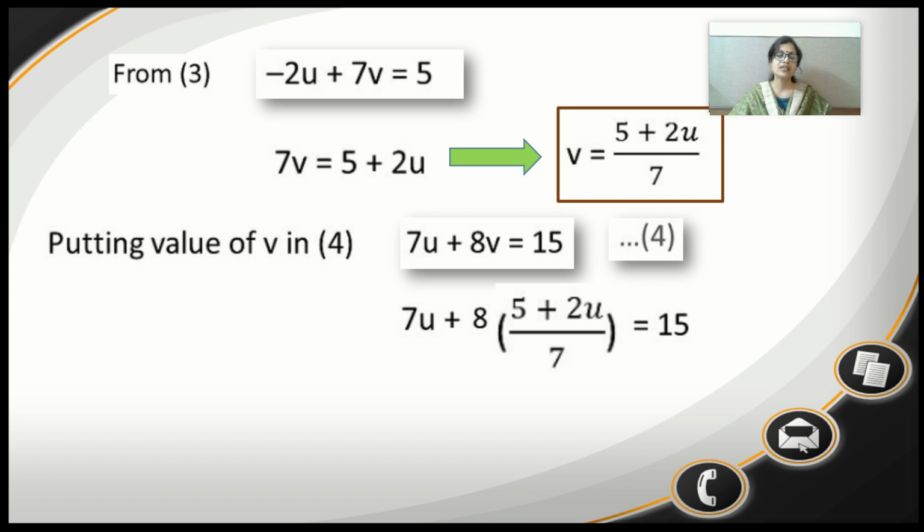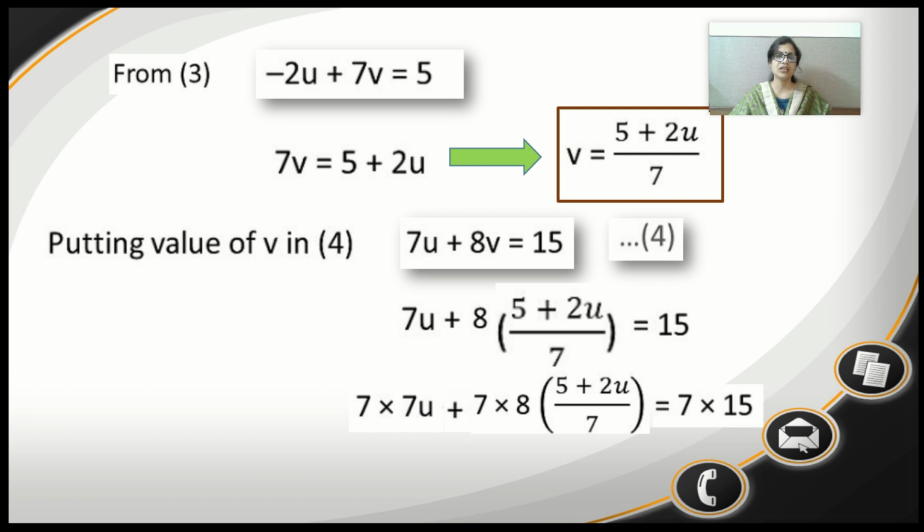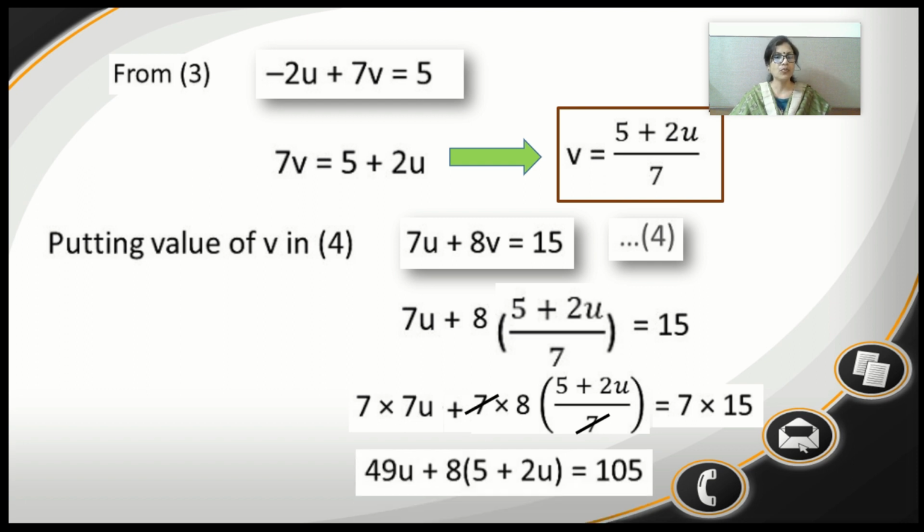So we'll write 7 into 7u plus 7 into 8 in the bracket (5 plus 2u) upon 7, is equal to 7 into 15. So now we can cancel our denominator, these two 7s we can cancel. So we are left with 49u plus 8 in the bracket (5 plus 2u) is equal to 105.